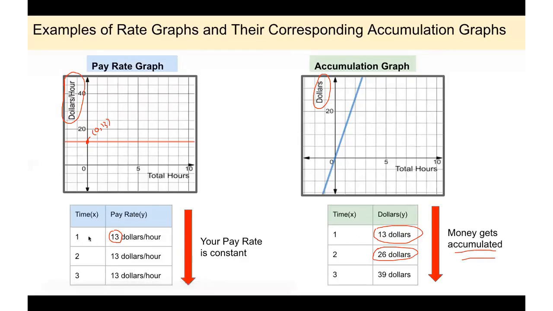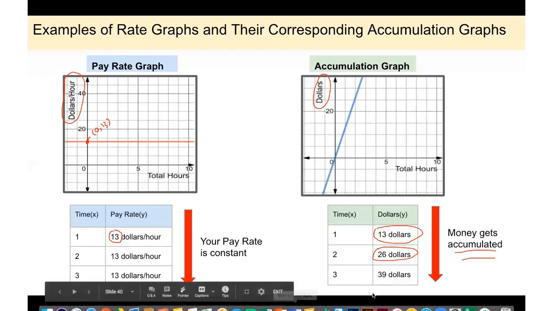So for example, 1 times 13, 13. 2 times 13, 26. 3 times 13, 39, and so forth. That's because it connects to our big idea that the area under a rate graph gives you your accumulation. So let me give you a quick little sketch of that as y'all are copying this down.